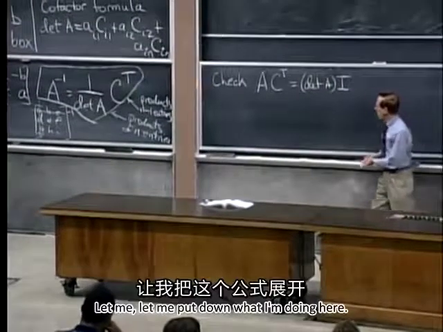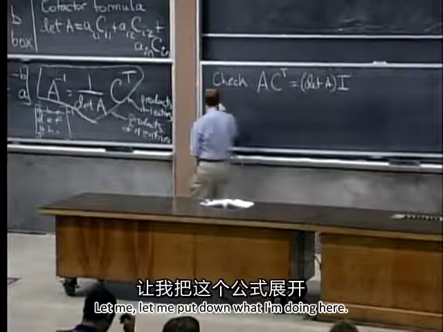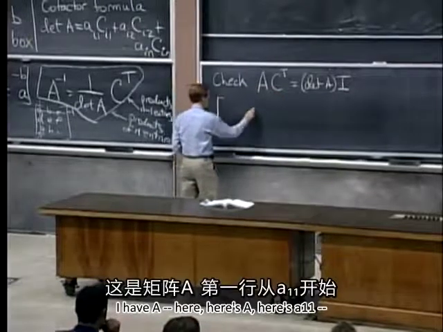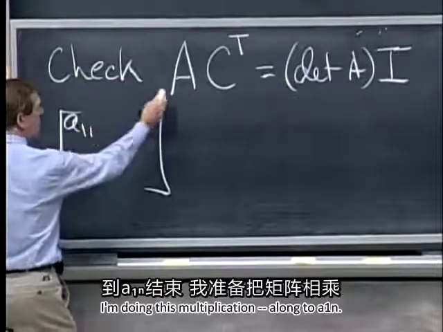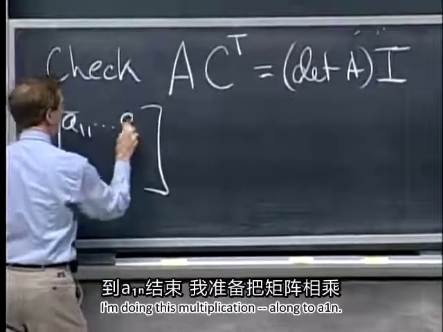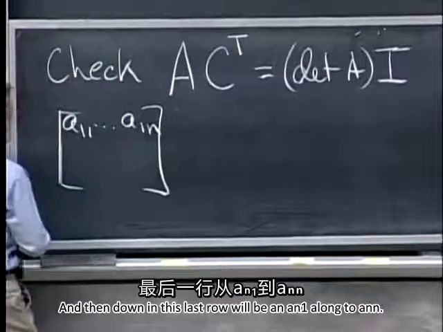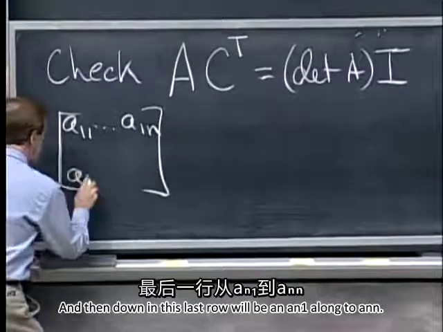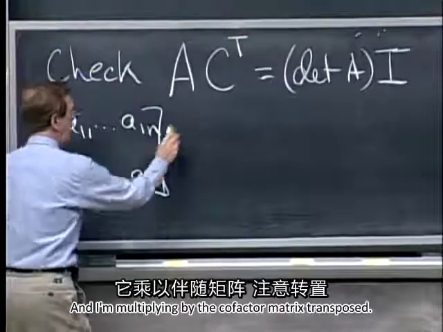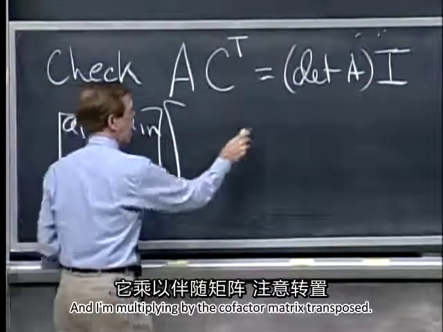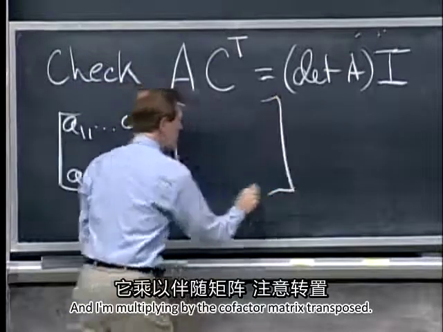Let me put down what I'm doing here. Here's A. Here's A11, along to A1n, and then down in this last row will be AN1 along to ANN. And I'm multiplying by the cofactor matrix transposed.